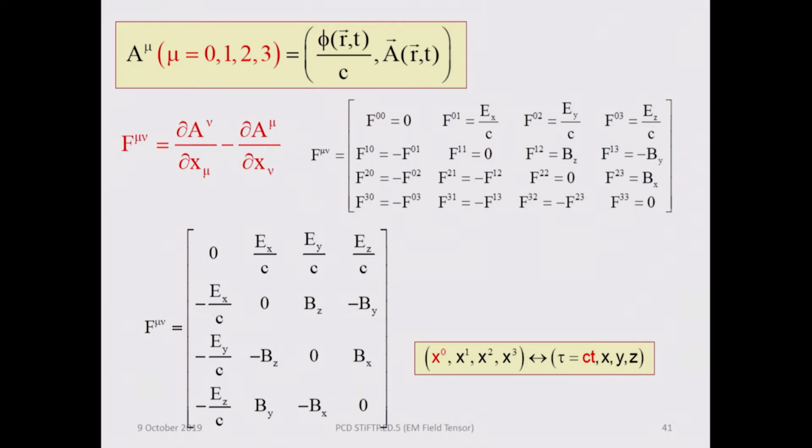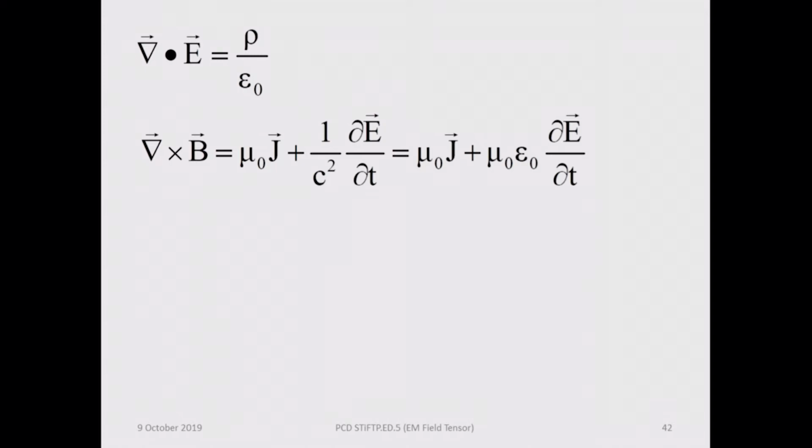So, this is the electromagnetic field tensor, or the Maxwell field tensor as it is sometimes called. So, the first row has got Ex over c, Ey over c, Ez over c. Then you have minus Ex over c because it is antisymmetric. The diagonal element, the second row, second column, is 0, and then in the off diagonal you have Bz and minus By. Okay? And that is how you generate the electromagnetic field tensor.